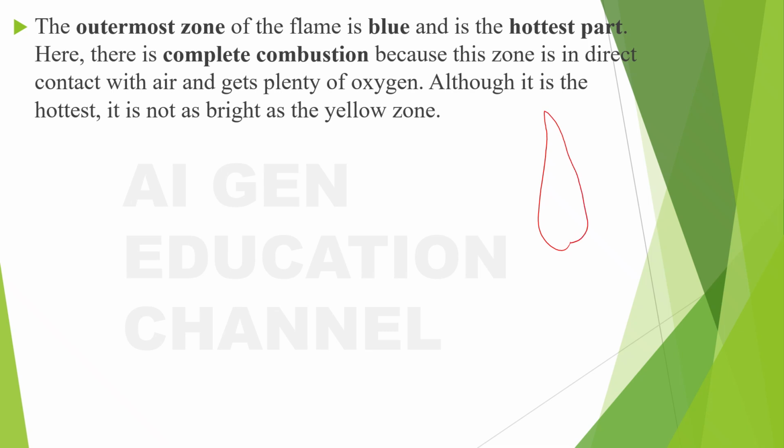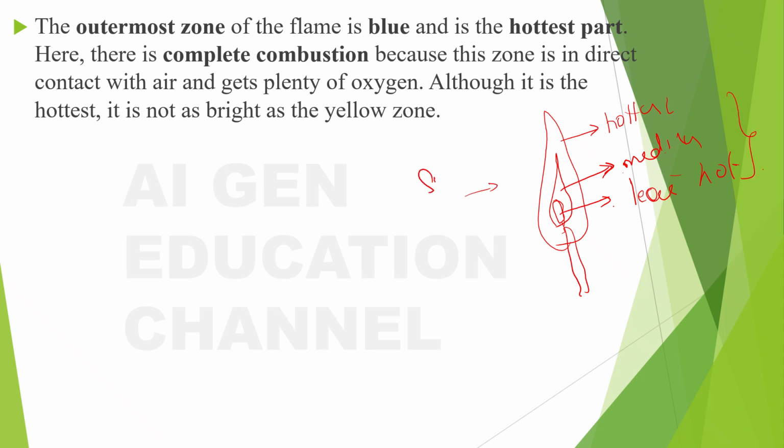So if this is the structure, this outer part will be the hottest, right? And the middle part, which is bright yellow in color, is medium hot. And near the wick, this area is dark in color and it is least hot, right? All this variation of temperature is because of what?